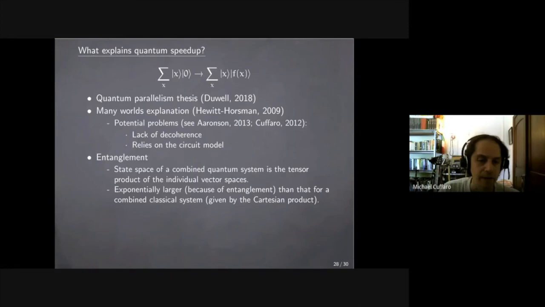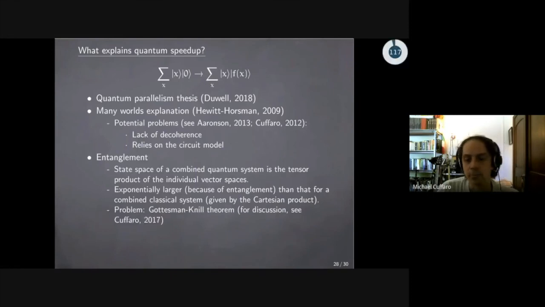This has been defended by a number of people. There's a problem for this view: there's something called the Gottesman-Knill theorem, and I'm going to be talking about this in detail tomorrow. The Gottesman-Knill theorem shows essentially that there are quantum algorithms that involve entanglement that are efficiently simulable by a classical computer.